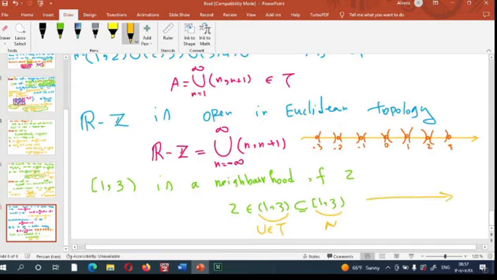Okay, so you must have a member of the topology such that it contains this. A member of the topology, okay?